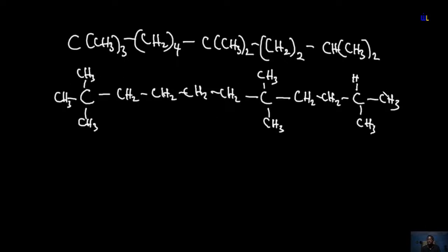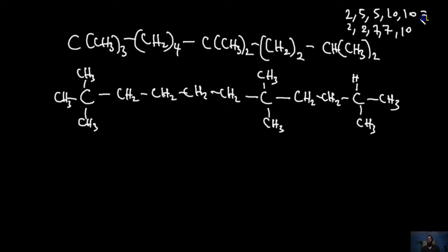But here, let's look. 1, 2, 3, 4, 5, 6, 7, 8, 9, 10, 11. So this is going to be 2, 5, 5, 10, 10. Okay, so let's check from here. This is going to be 2, 2, and then 1, 2, 3, 4, 5, 6, 7: 2, 2, 7, 7, 10.